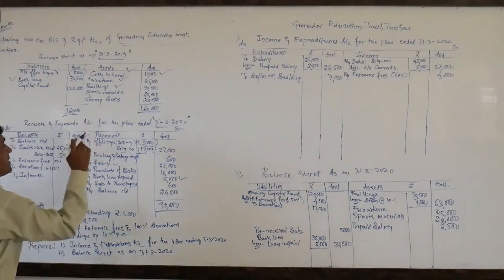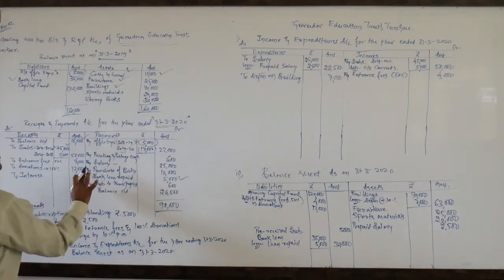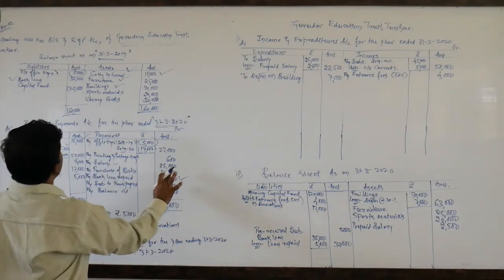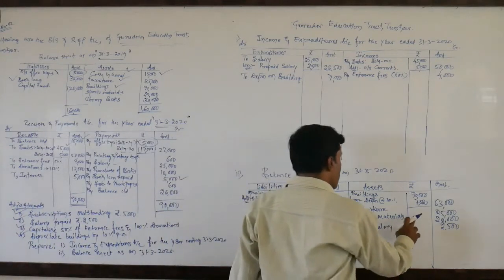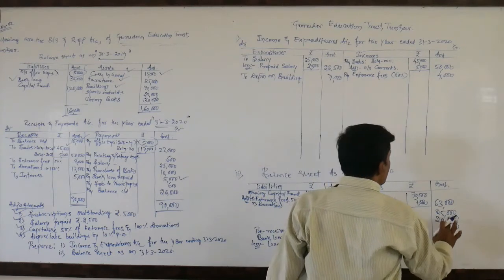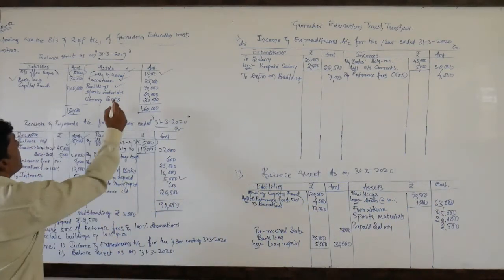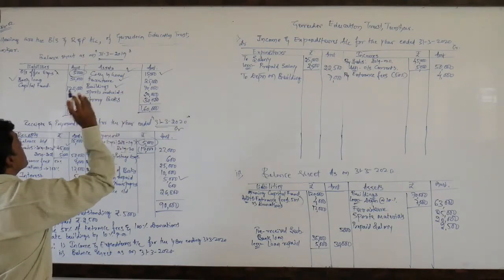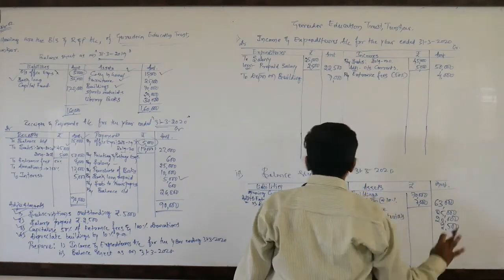Along with this, on the payment side of the receipts and payment account, there is an amount for sports materials of rupees 5,000. So here we need to show sports materials of rupees 20,000, add additions of rupees 5,000, total sports materials 25,000. Here they have provided it only on the asset side of the previous year's balance sheet, so add this to the sports materials.